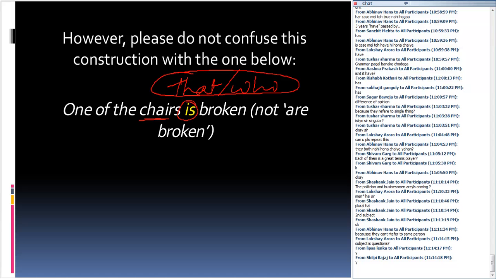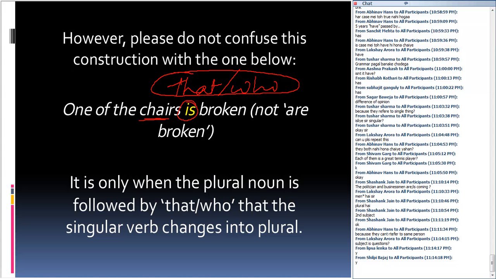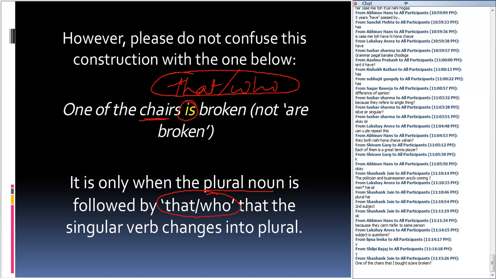So this rule applies. वो वाला rule तभी apply होगा जब वहां पर that या who word हो, otherwise वो singular ही होगा. It is only when the plural noun is followed by the words that or who that the singular verb changes into plural.